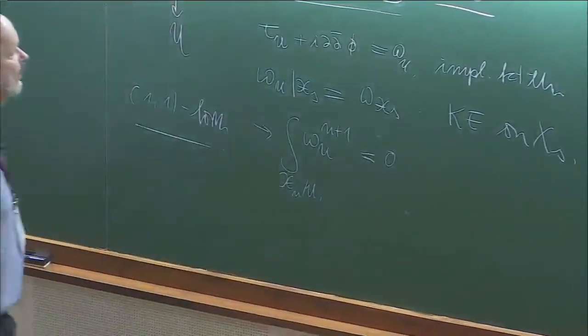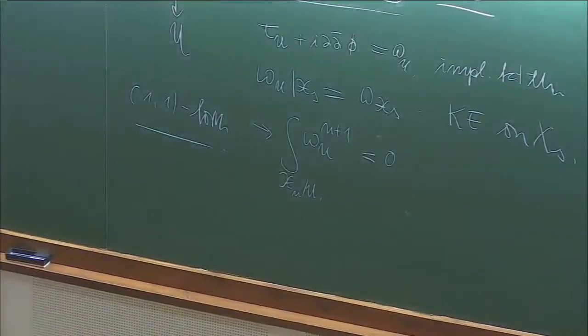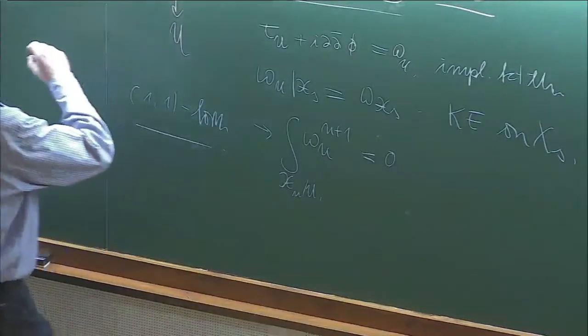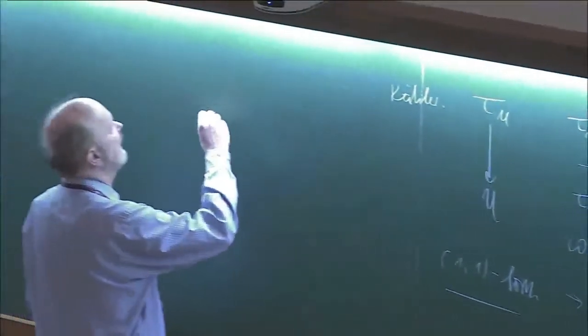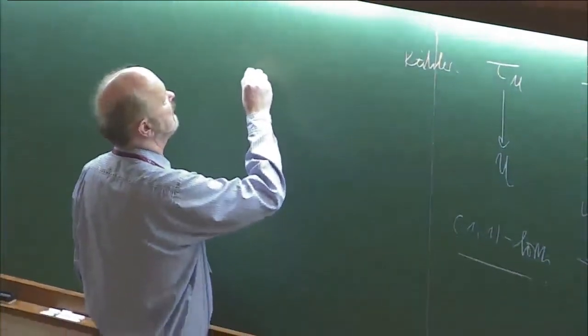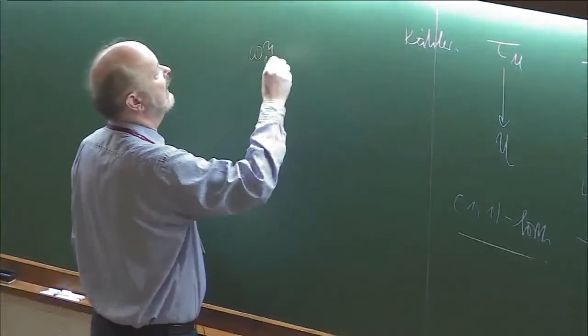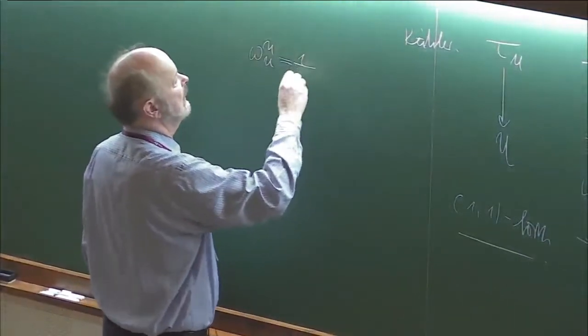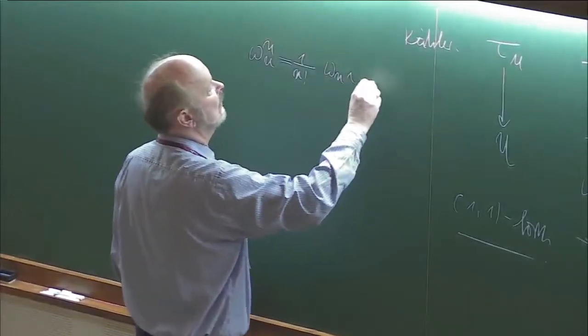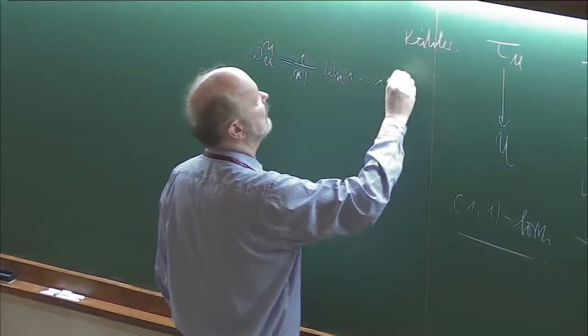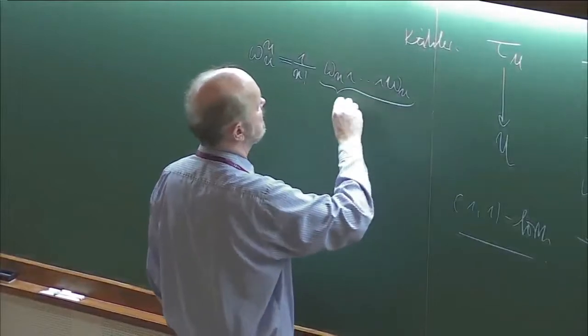So this, okay, and it's fairly easy to do this because, well, it's a matter of notation. If I say omega u to the n, this is by definition 1 over n factorial omega u wedge omega u, n times.